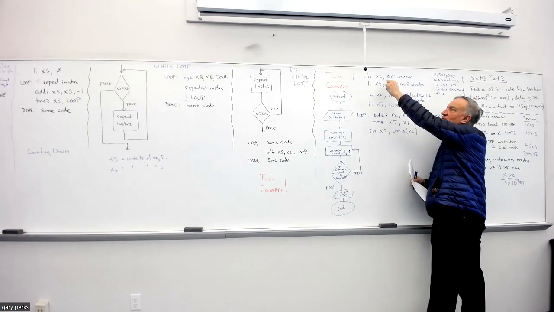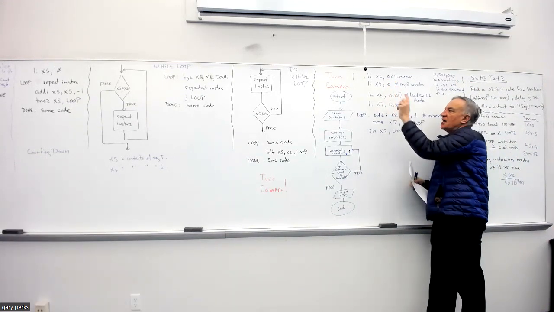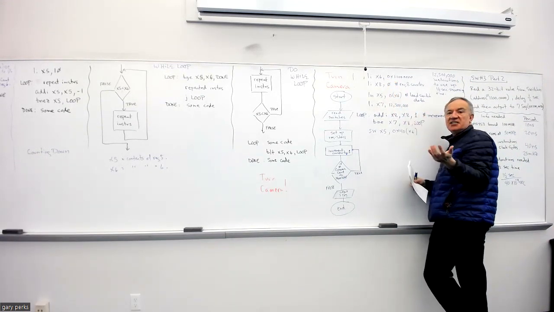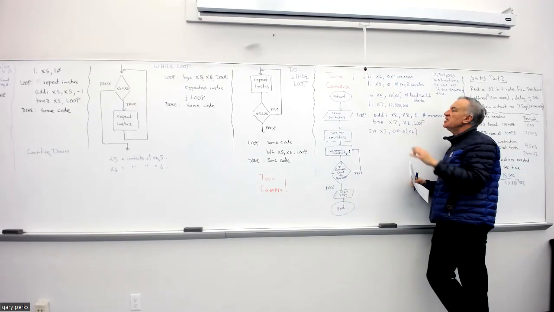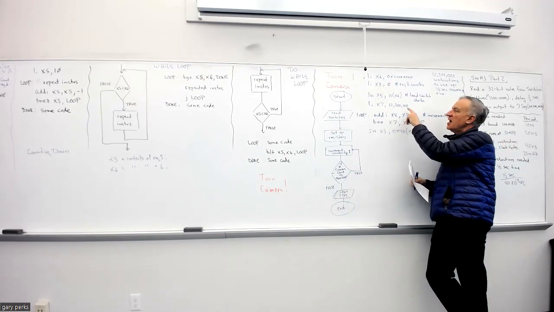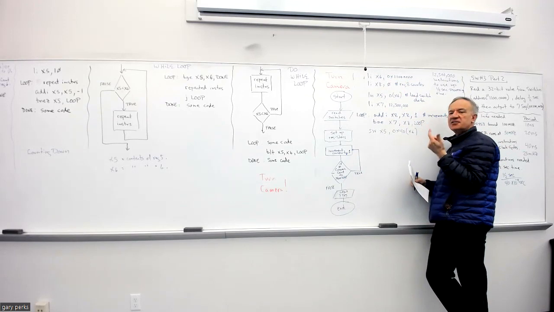There's also additional time for these load immediates, and each one of these instructions would take 40 nanoseconds, but 40 nanoseconds compared to half a second, you can disregard. But yeah, you're right. The way I have this right now, it would actually delay about a second. So we'd have to divide this by 2.